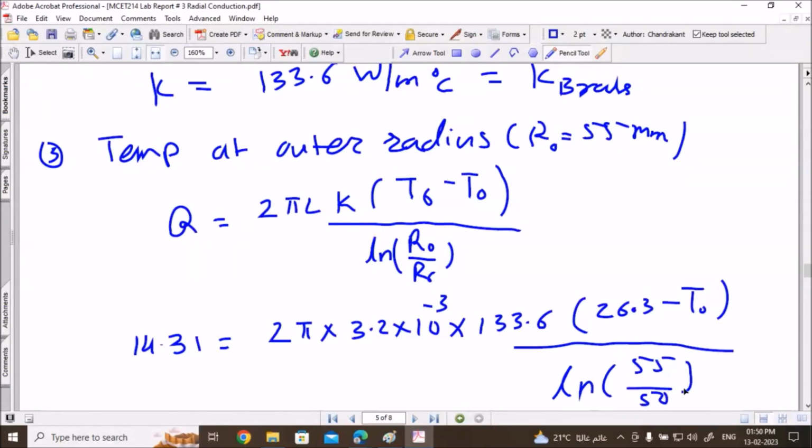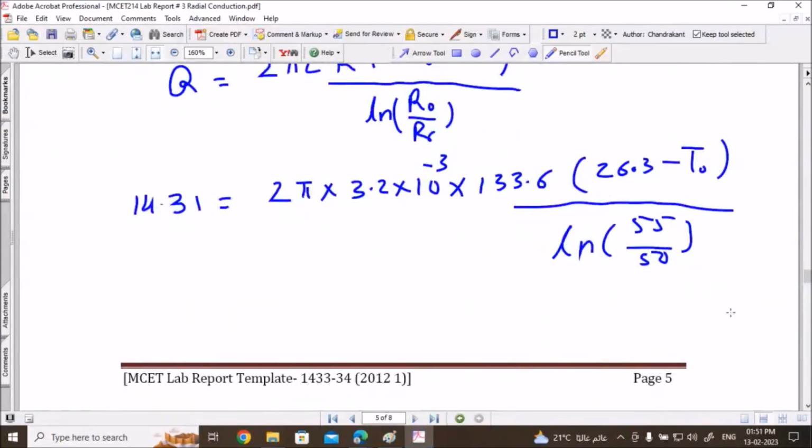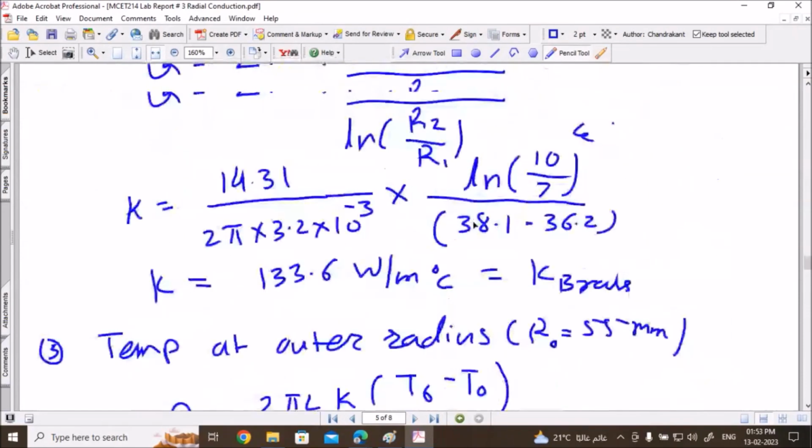Millimeter or meter doesn't matter. So solve this equation by equation solver, and we'll get T0 equal to 25.8, which should be less than T6, that's 26.3. So your answer is correct. Similarly, we can find out for 12 volt.